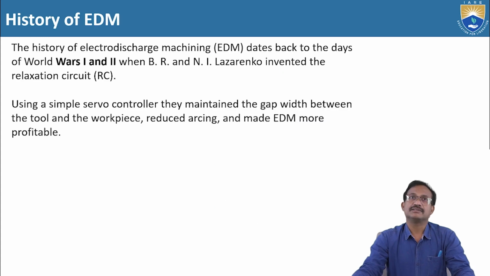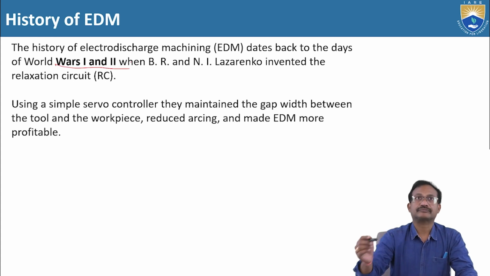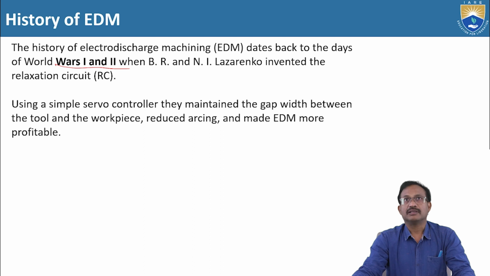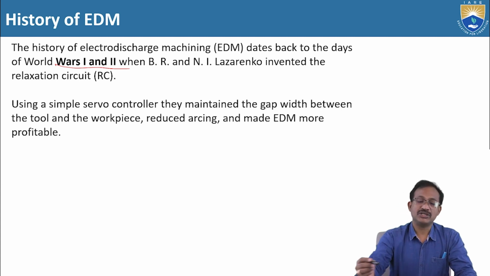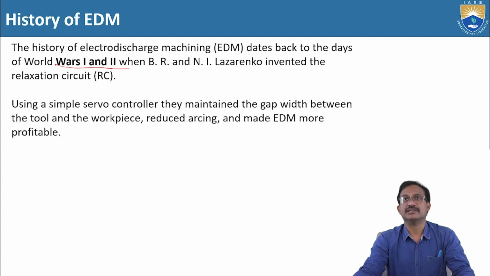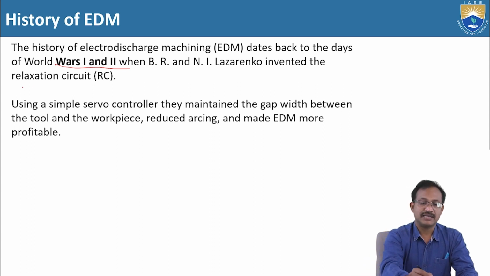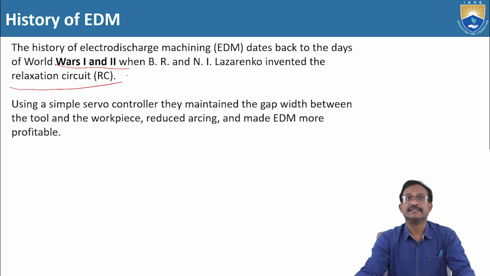Now let us discuss briefly the history of EDM. The electrodischarge machining began during the World Wars I and II. The history of electrodischarge machining dates back to the days of World War I and II, when B.R. and N.I. Lazarenko invented the relaxation circuit, RC.